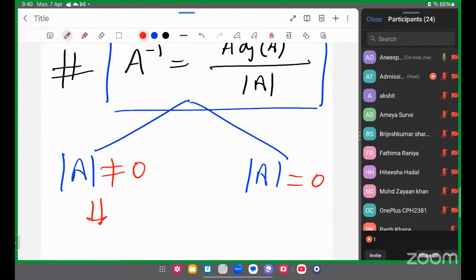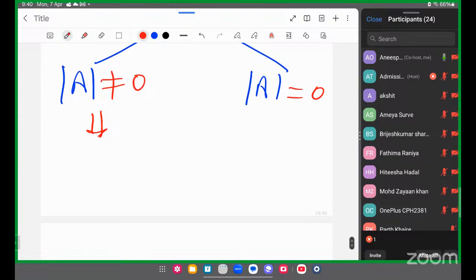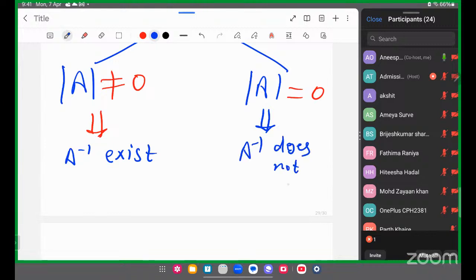It has to be something. So there are two cases, either the determinant is 0 or it is not 0. If it is not 0, we state that A inverse exists. In the other case, A inverse does not exist.